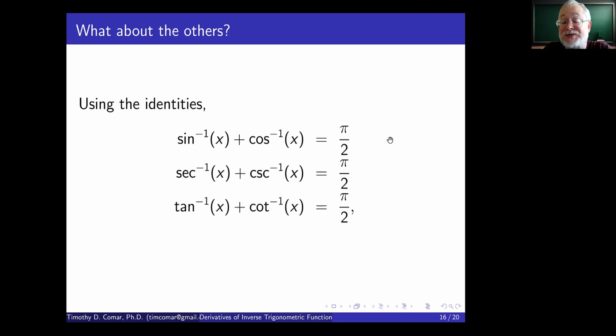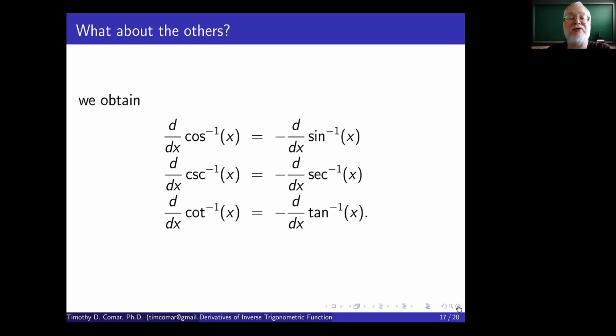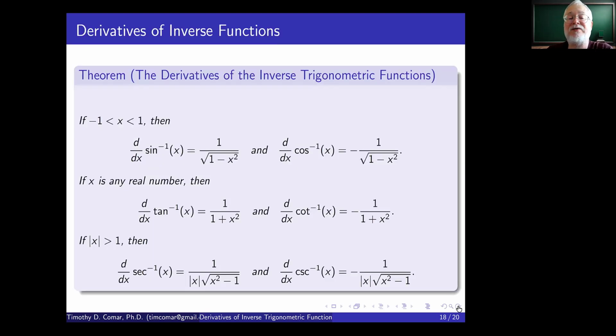In other words, when we take the derivatives of that, we're going to see pretty readily that the derivative of arccosine of x is just going to be minus the derivative of arcsine here. And same with the other two pairs. So we've really done all the hard work, and what we are going to be left with here is our 6 derivative formulas for the 6 inverse trig functions.